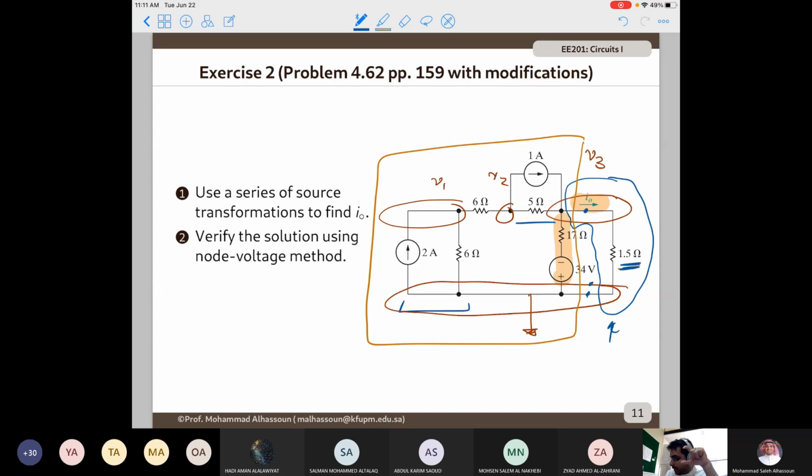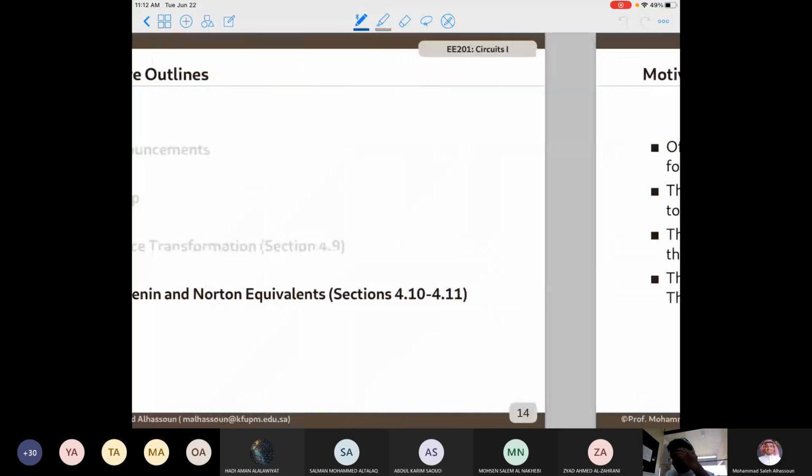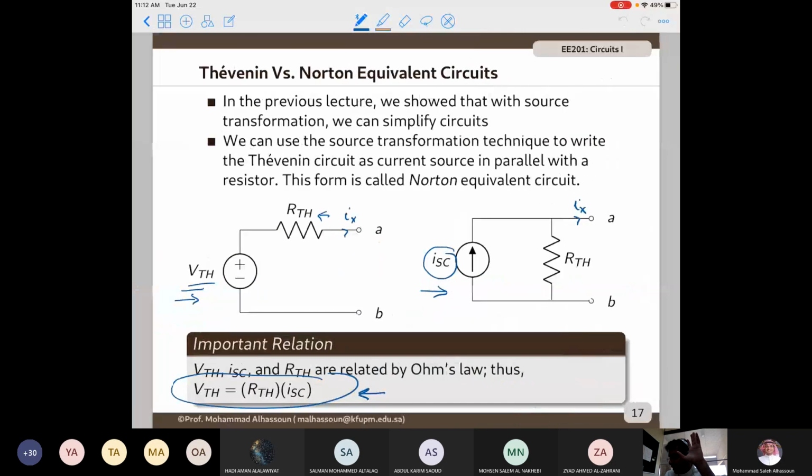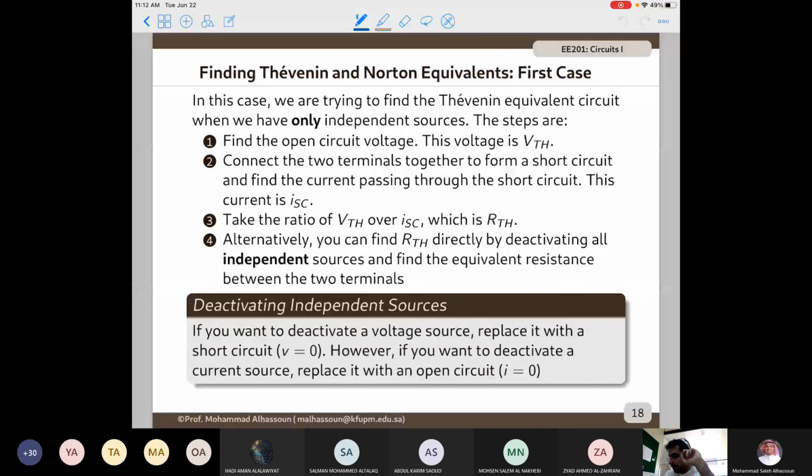So I'm going to connect my load here to the power generating circuit here. We'll come to it. We'll see how to apply it, and this will actually clarify most of the things that are not clear.